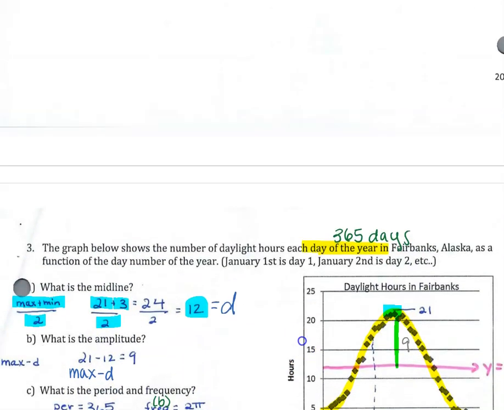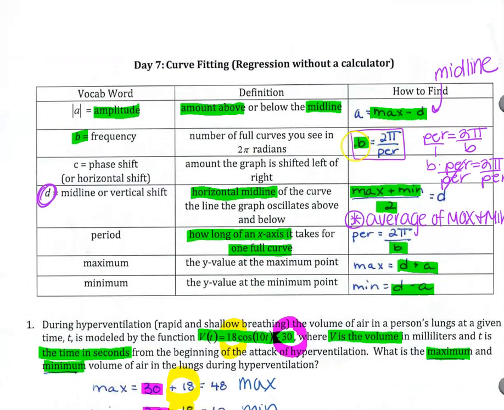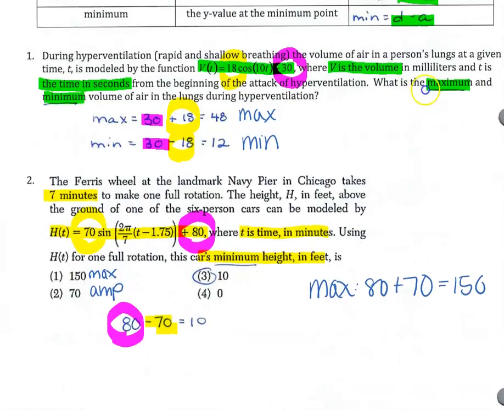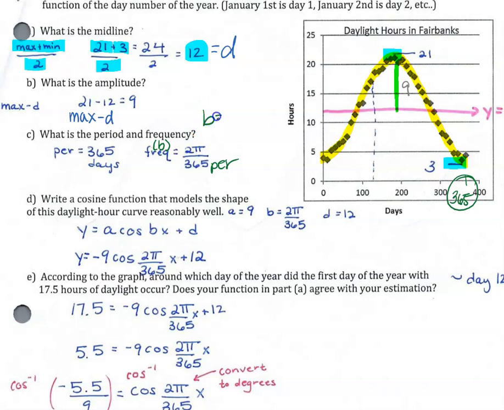So frequency equals 2 pi divided by the period, and I'm plugging in 365 for the period.